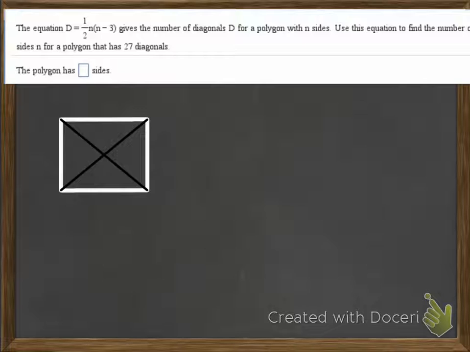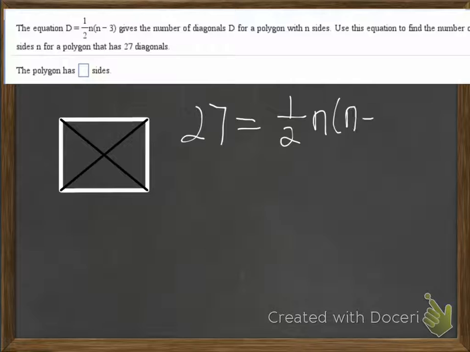So we know that we have 27 diagonals, so I'm going to put 27 in for D. And so that would be equal to 1/2 n times n minus 3.